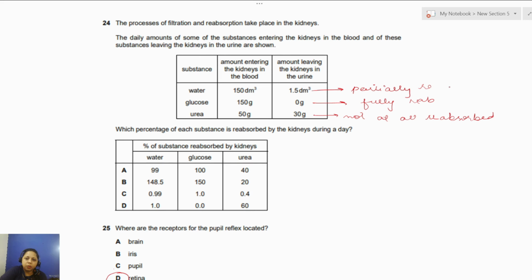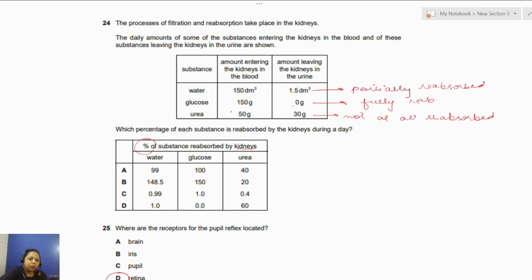Now the question is related to this. What percentage is reabsorbed by the kidneys? Here a percentage is written.